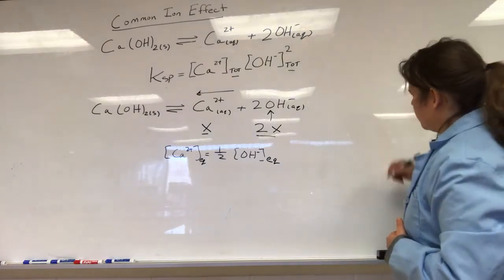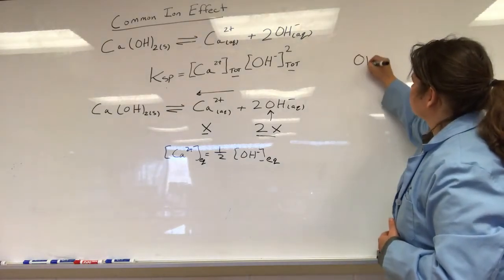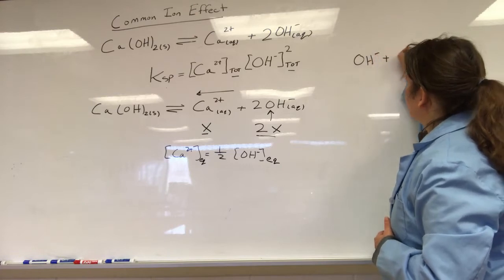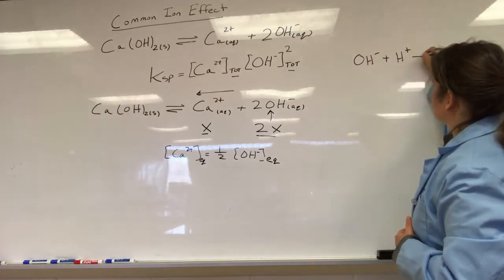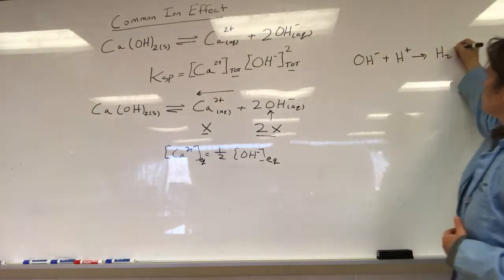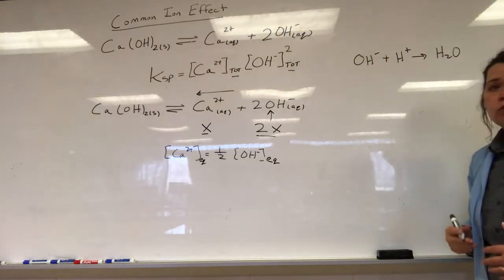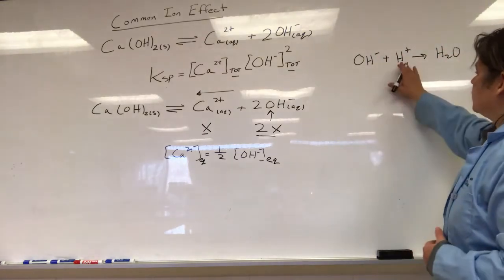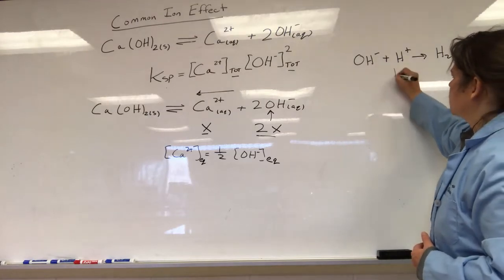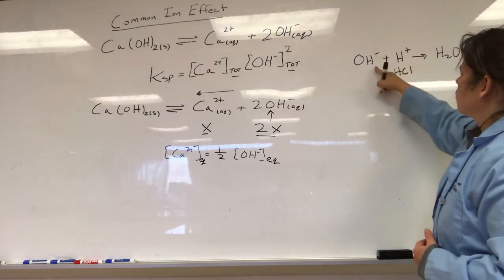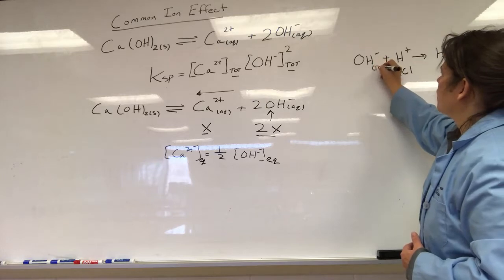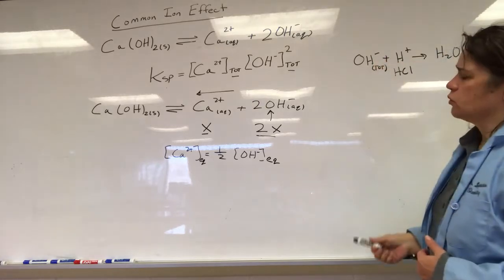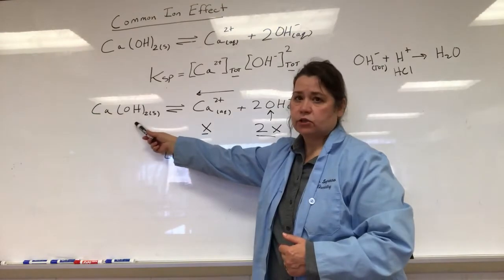So we know that hydroxide can react with a strong acid to produce water. This is simply a neutralization reaction. So that's what we're going to do. We're going to take a strong acid, in this case hydrochloric acid, and react it with all of the hydroxide in a solution. So we'll try and dissolve some calcium hydroxide.